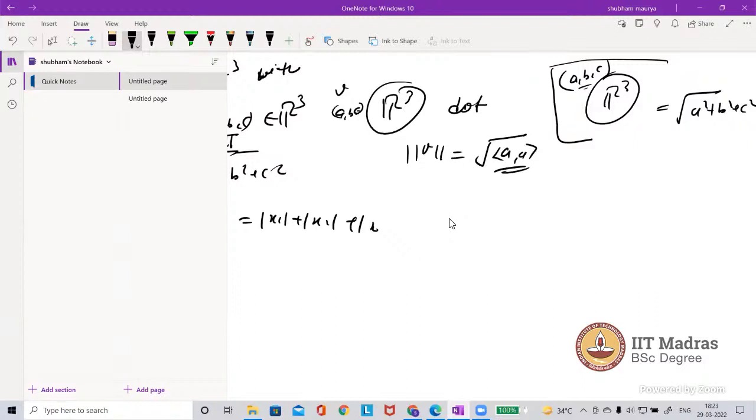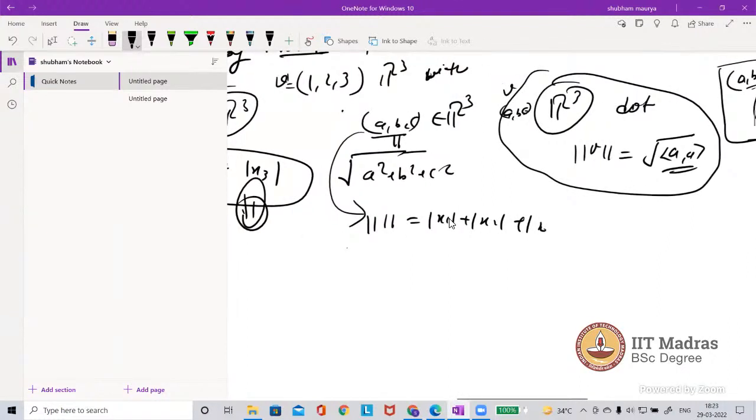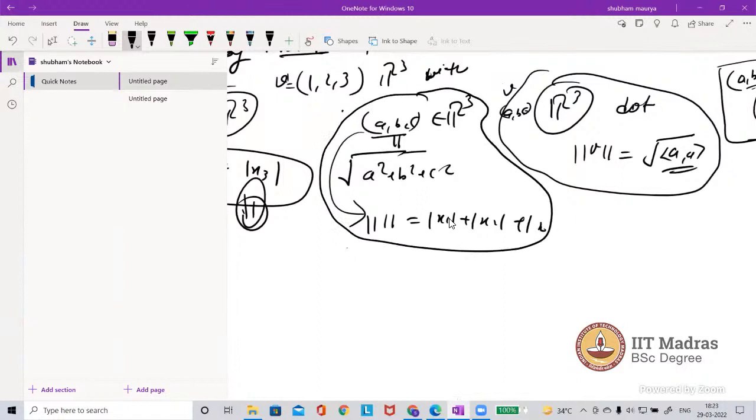For this case, we are not considering R3 a vector space; just consider R3 as coordinates, working as Euclidean. But here we are considering R3 as an inner product space, and here we are considering R3 as a normed linear space.